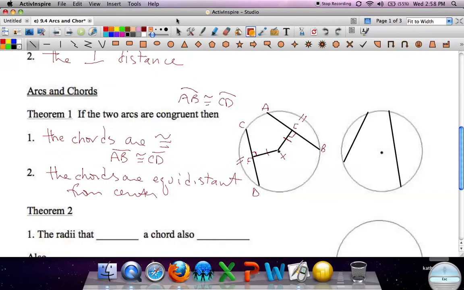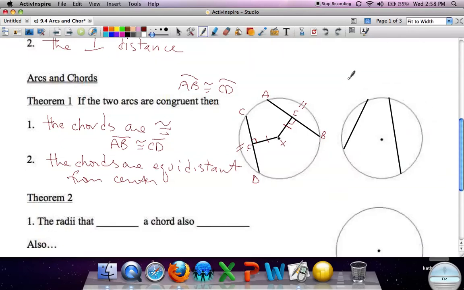So if the chords are not congruent, not equal, then one is going to be longer. One arc will be longer.